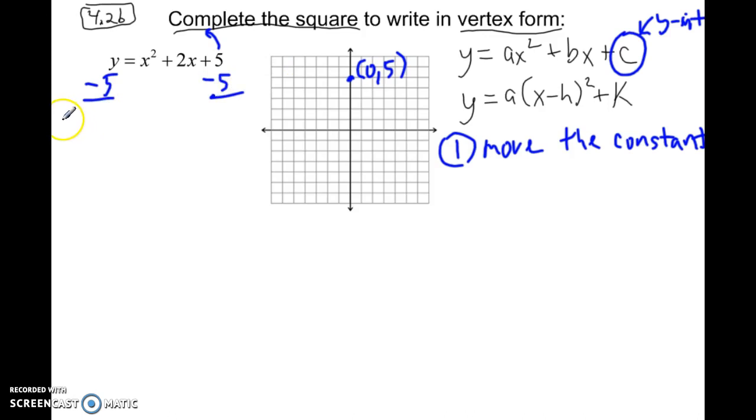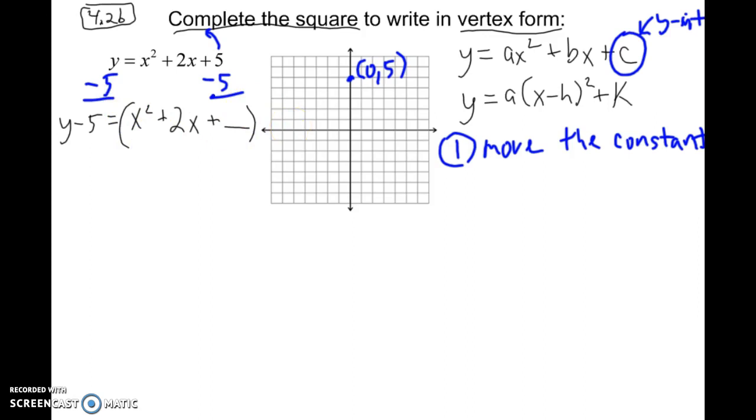So on the left-hand side, we get y minus 5 equals x squared plus 2x plus blank. I know I'm going to add something there in just a minute. It's kind of 0 right now, but I'm going to make that a perfect square. The goal of completing the square is to make this a perfect square trinomial.